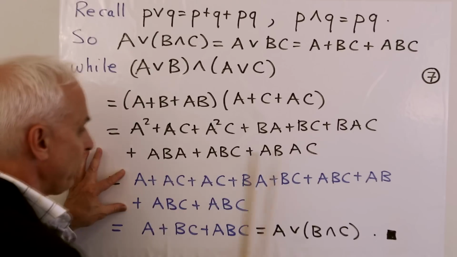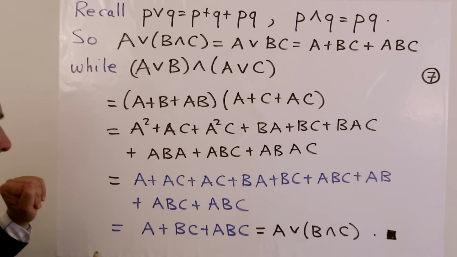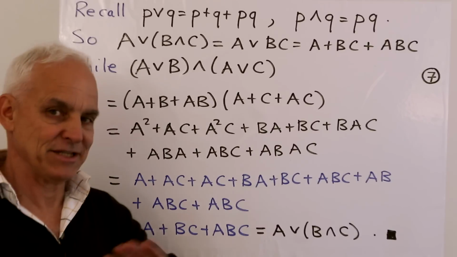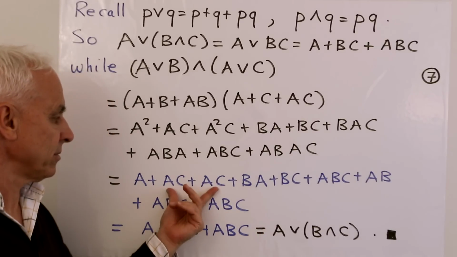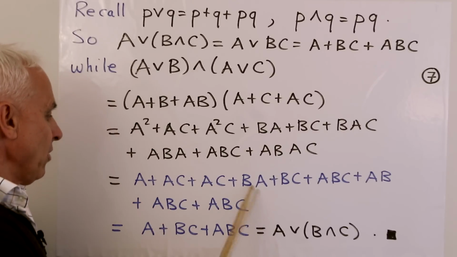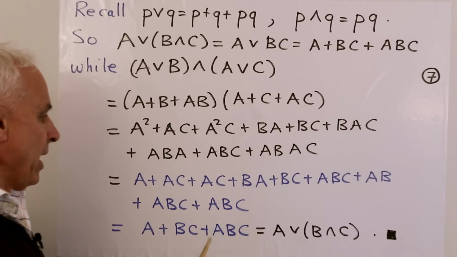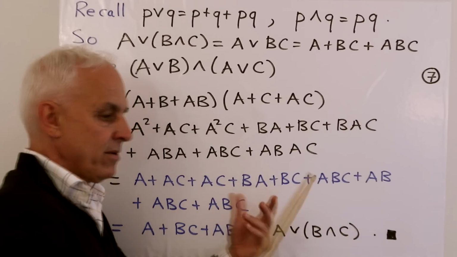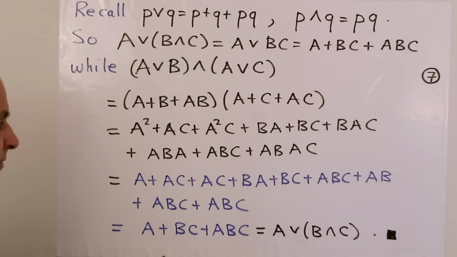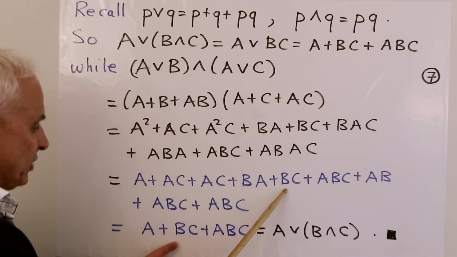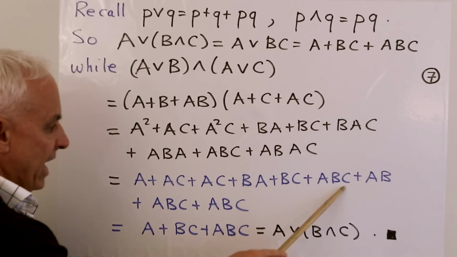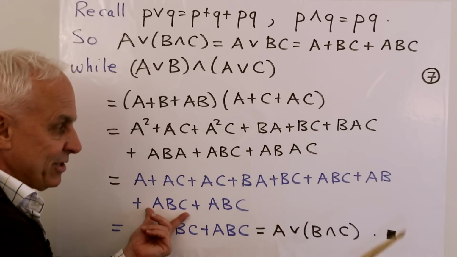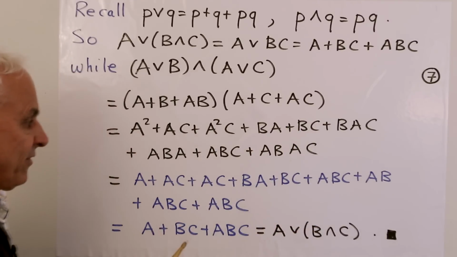Okay, now we look at simplifying this. What can we do? Well, here's an AC plus AC. It's like x plus x. That's 0, so it's gone. There's an AB or BA, and there's another AB over here. So this one and this one combine to give you 0. We still have a BC, so let's record that. And then there's an ABC here and another ABC there. It's another x plus x equals 0, so they cancel together, 0.